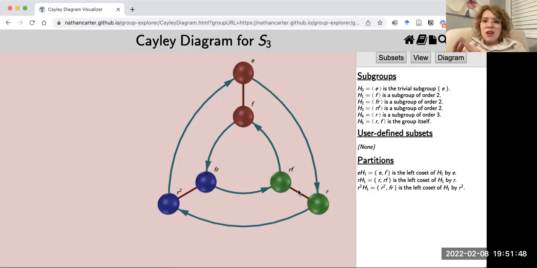Also, there's a reading on the Cayley diagrams and how this all interacts with Cayley diagrams, because for me and for every student that I've worked with, the visual element is really key to understanding the algebra.